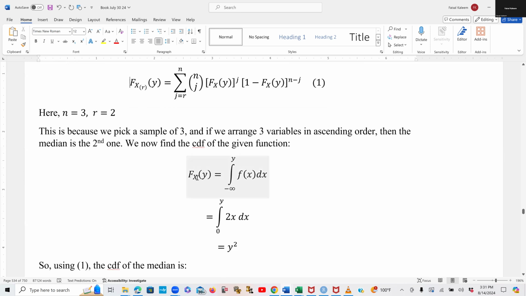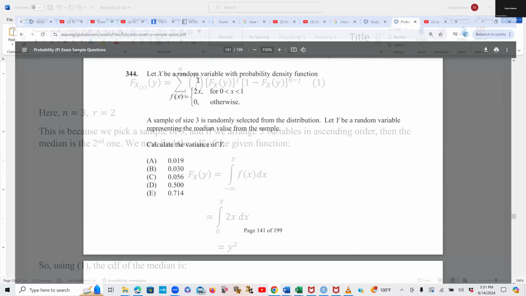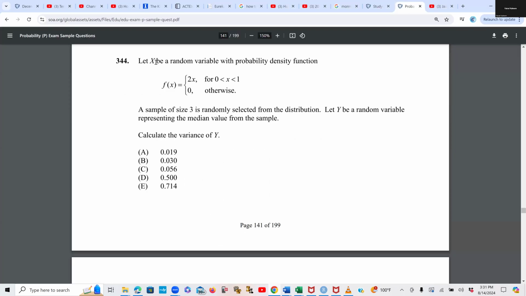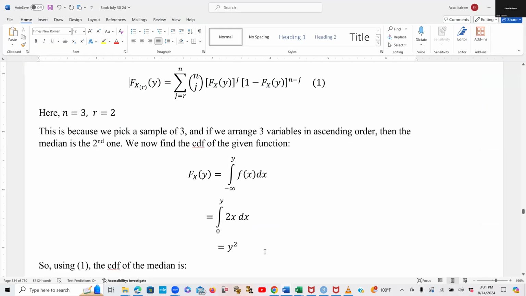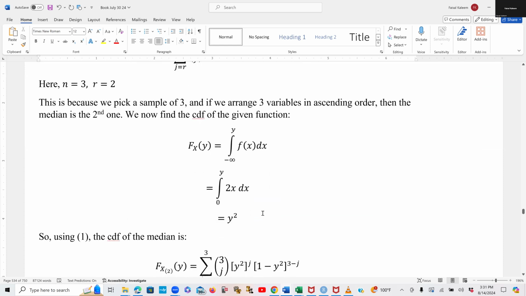And the PDF of X is given to be 2x when x is between 0 and 1. So the CDF would be the integral from 0 to y, where y could be any value between 0 and 1. The integral of 2x is x squared, and when you substitute the limits, it's y squared minus 0. So we get y squared.